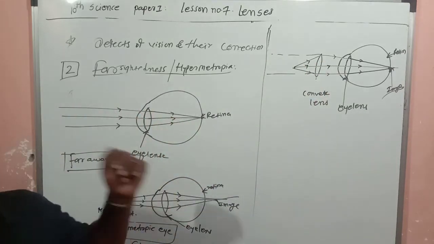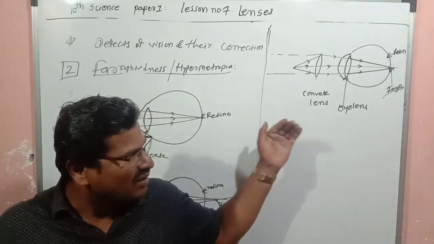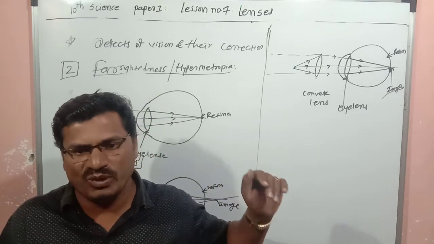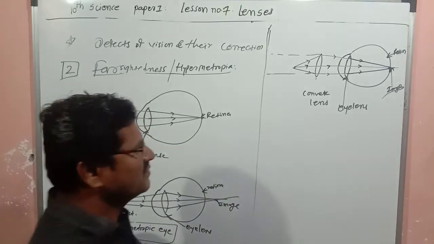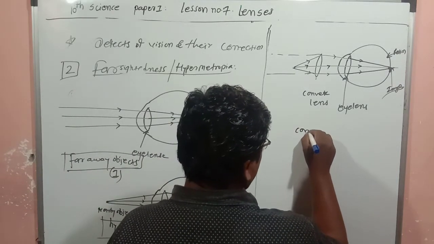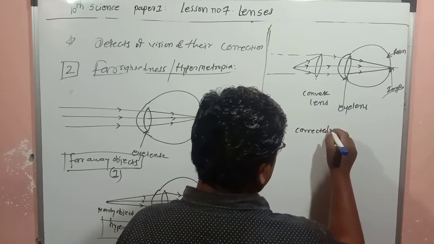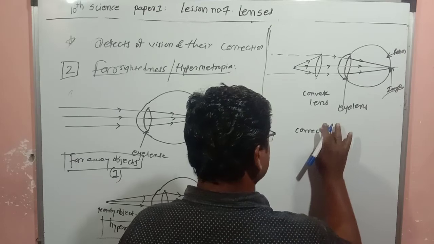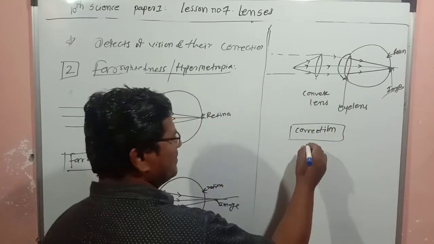So these 3 diagrams are most important. While explaining any type of defect, you have to draw 3 diagrams, and the third is the correction by using a convex lens.